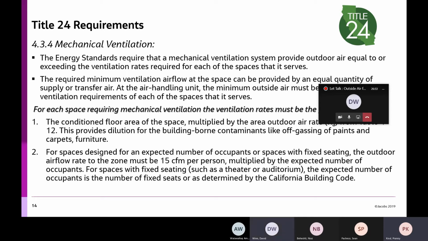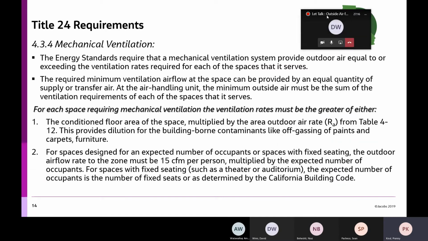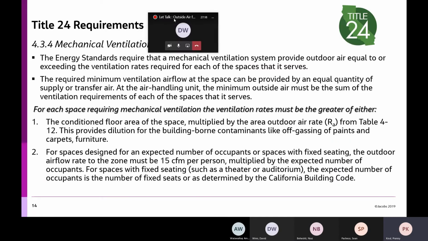And this statement is exactly what I saw in the ASHRAE 62.1 handbook, so nothing really changed here. Some of the required minimum ventilation airflow at the space can be provided by an equal quantity of supply or transfer air. And at the air handling unit, the minimum outside air must be the sum of ventilation requirements for each of the spaces that it serves.